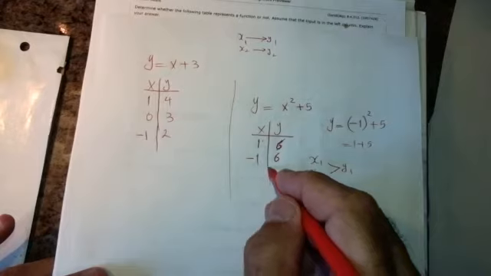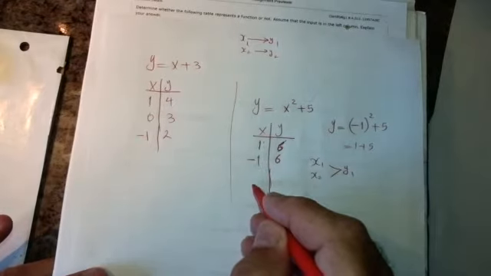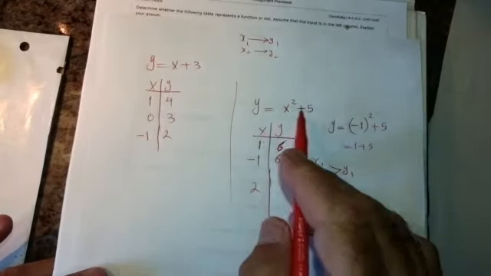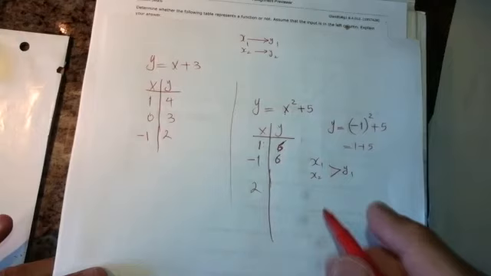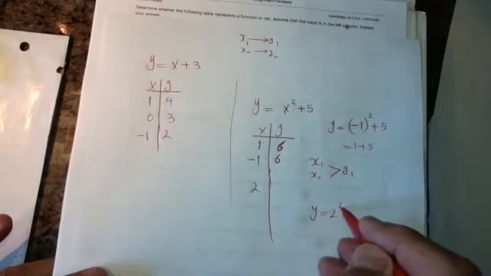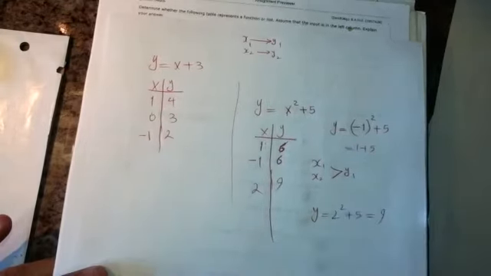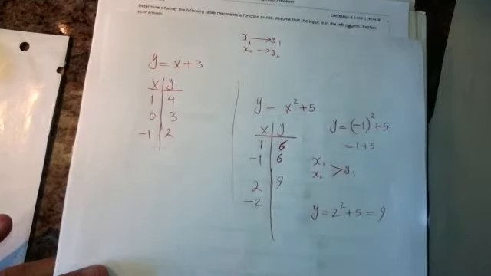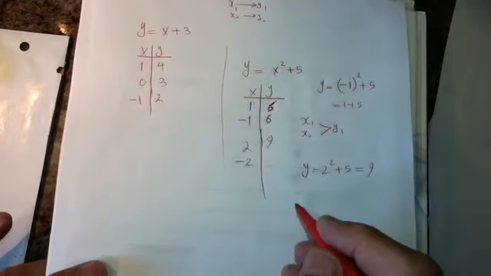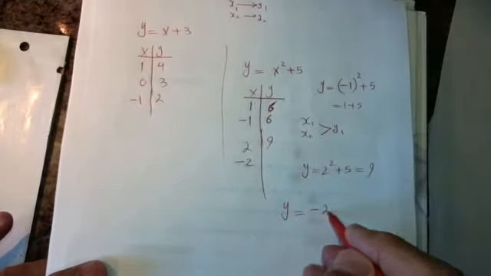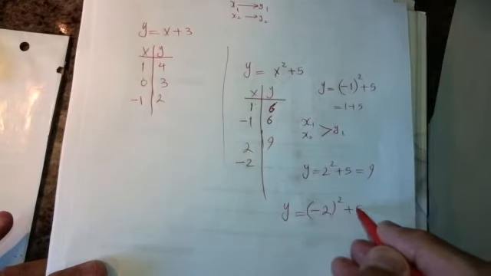Let's try another one. Let's say x equal to 2. We put it here. y is 2 to power of 2 plus 5, which is 9. What if I put -2? Again, for -2, you have the whole thing to power of 2 plus 5.